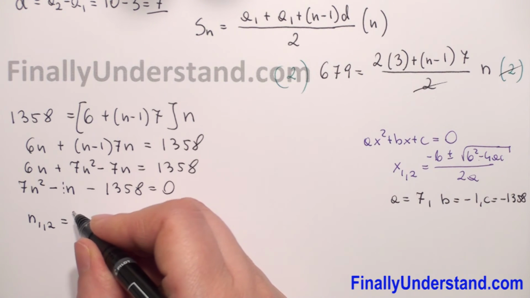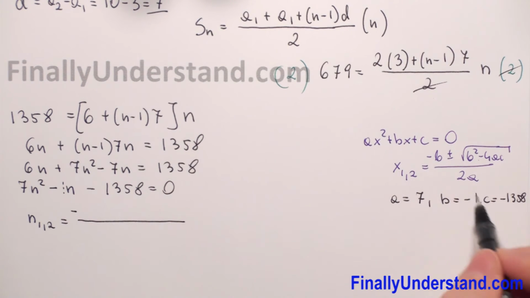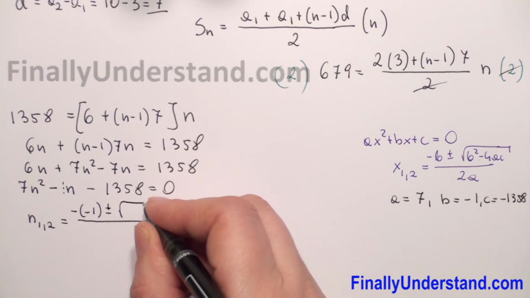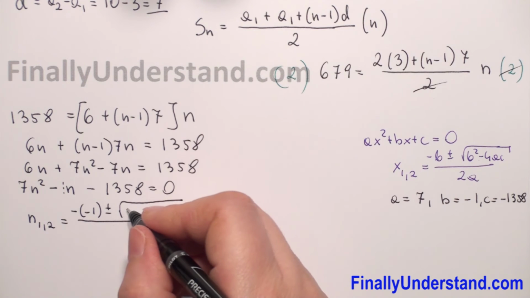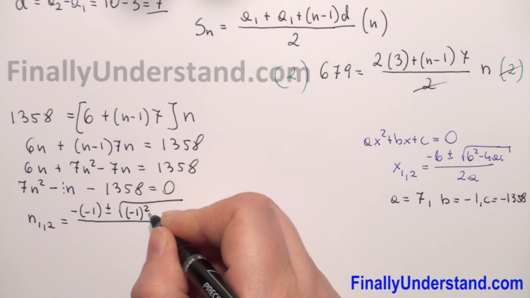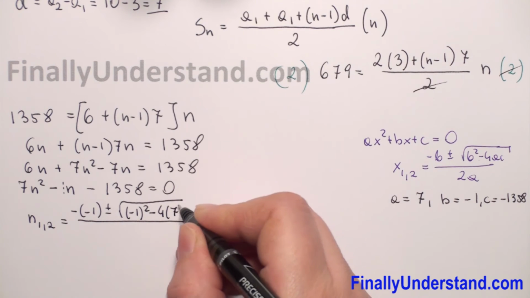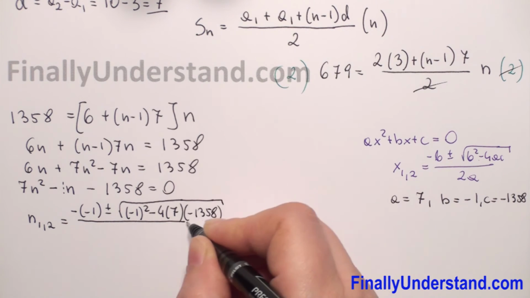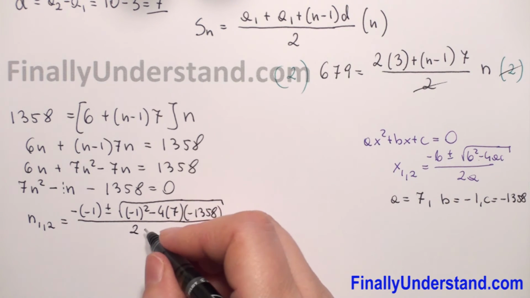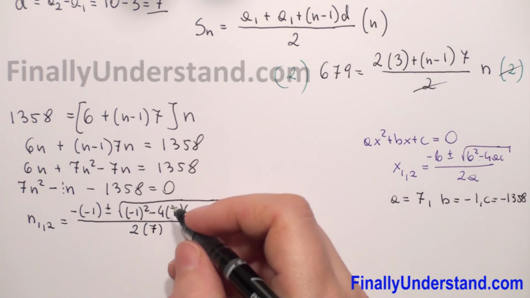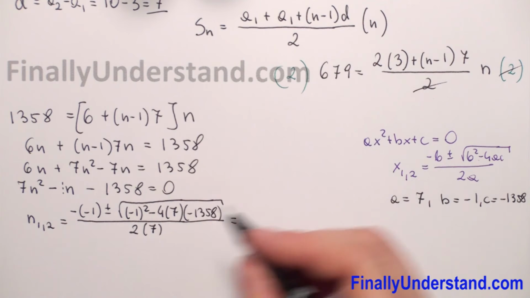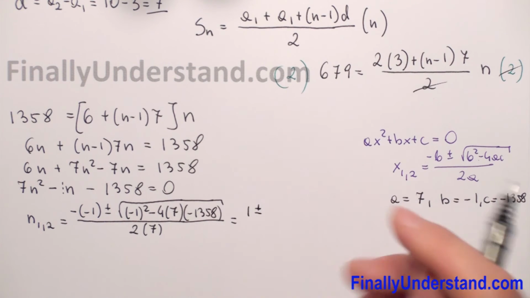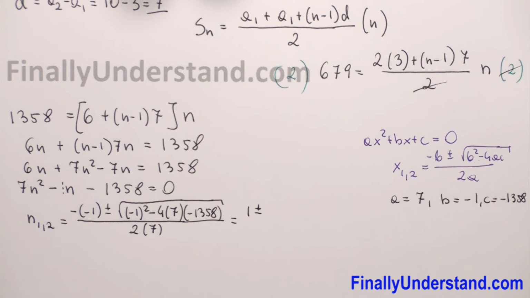So this is negative, the sign we copy, and b is negative, so in parentheses will be negative 1, plus minus the square root of b squared, so this is negative 1 to the second power, minus 4 times 7 times negative 1358, over 2 times a, so times 7. So this is equal, negative and negative give positive, so we have plus minus. And what we will have under the square root, we will use a calculator.